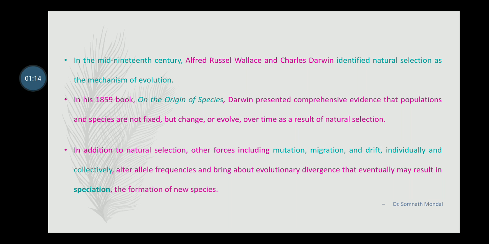In addition to natural selection, other forces like mutation, migration, and genetic drift, individually or collectively, can cause a change in allele frequency and bring about evolutionary divergence that eventually may result in speciation, that is, the formation of new species.